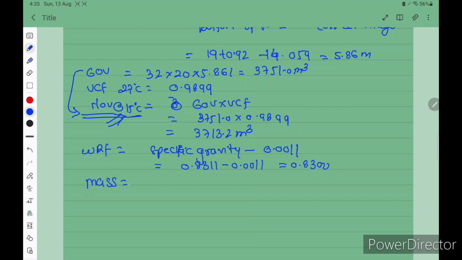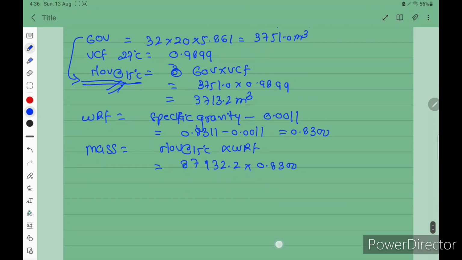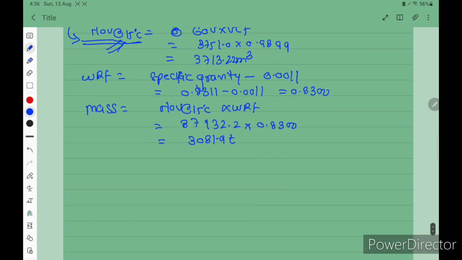So mass is equal to net observed volume at 15 degree into weight reduction factor. So 3713.2 into 0.8300 is equal to 3081.9 tons.